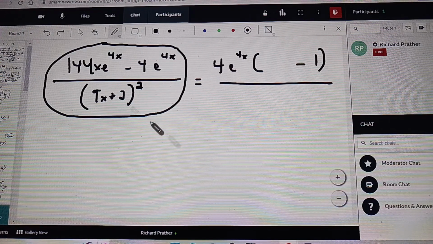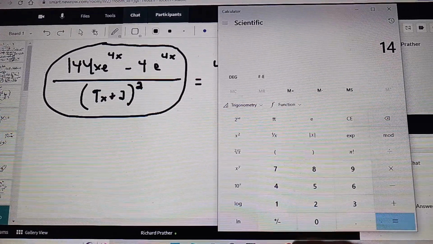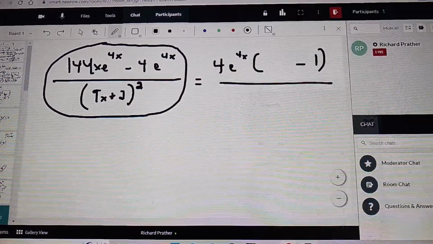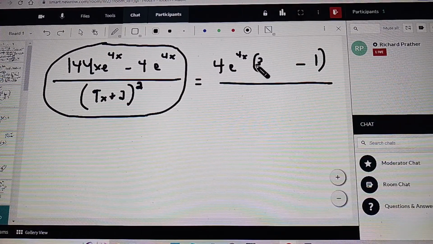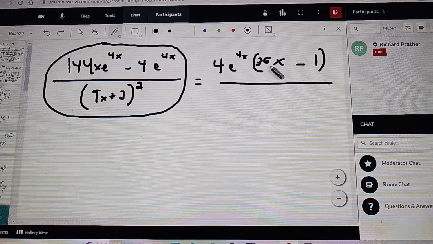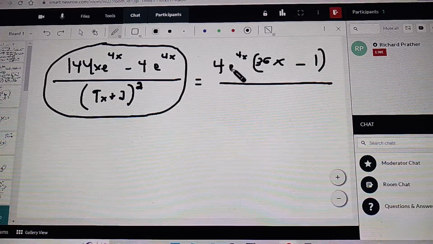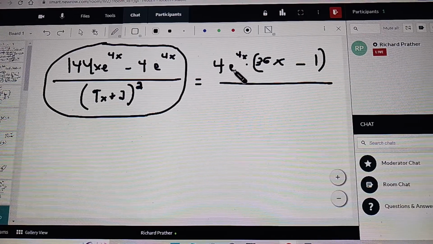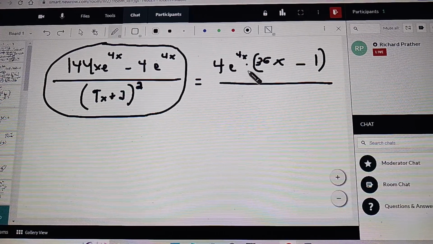In the front half, whatever 144 divided by 4 is, 36. 36x, because I took the e to the 4x away. So I was able to factor the top using a greatest common factor.